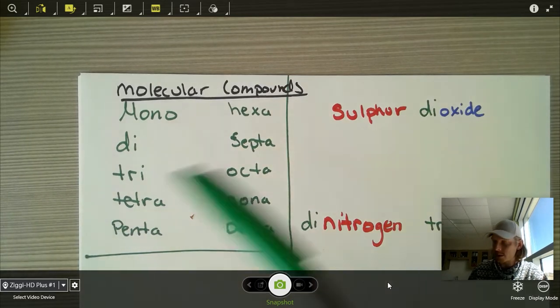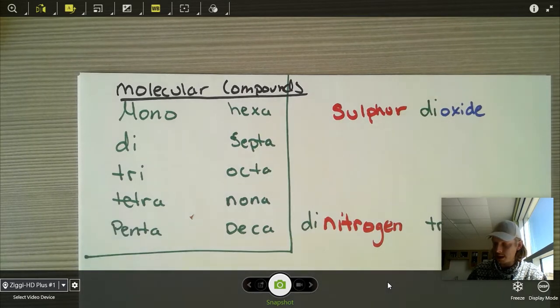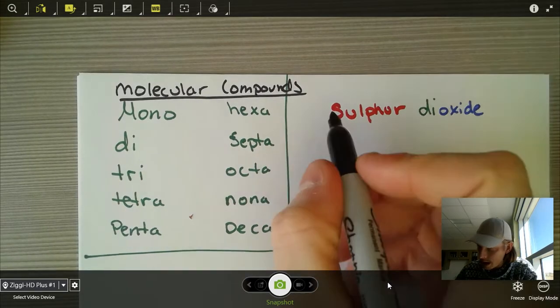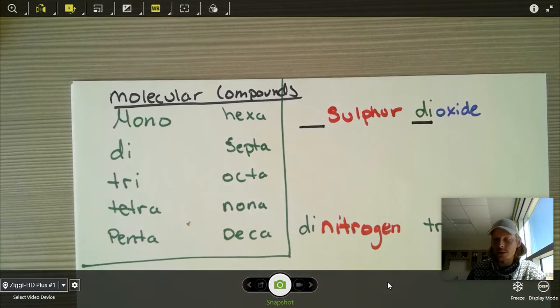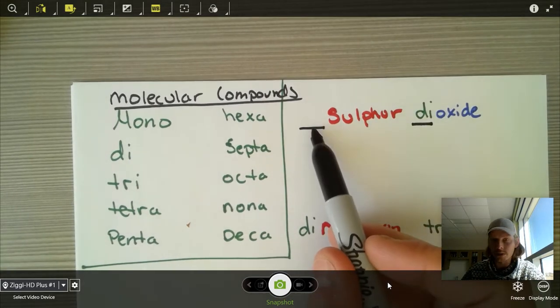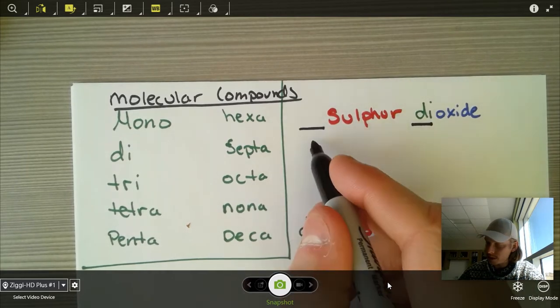Because if we just have sulfur and oxygen come together, we don't know how many of each is going to need. So we have to make sure that we let everybody know how many sulfur and how many oxygen, right? Since there's nothing out in front of the sulfur, we can just say that it's 1, right? So we have 1.